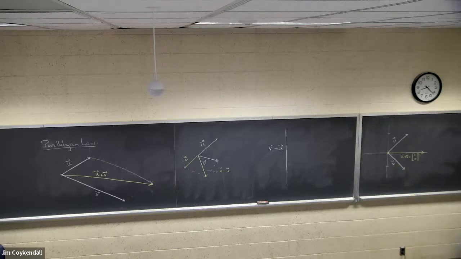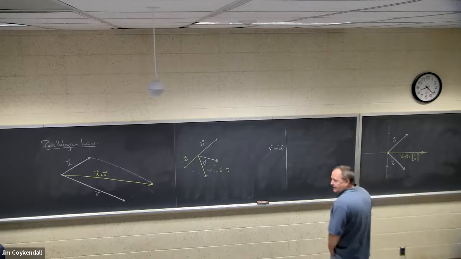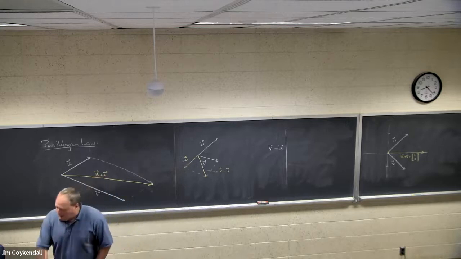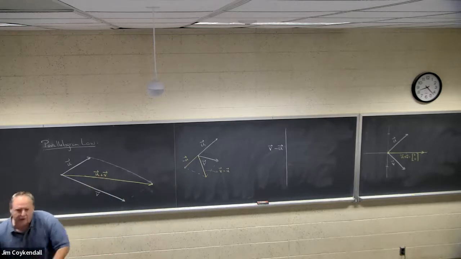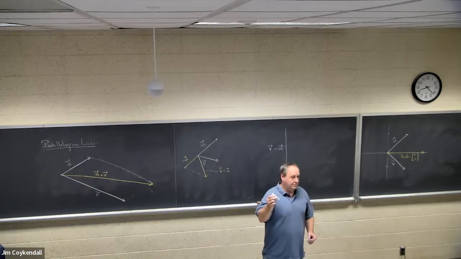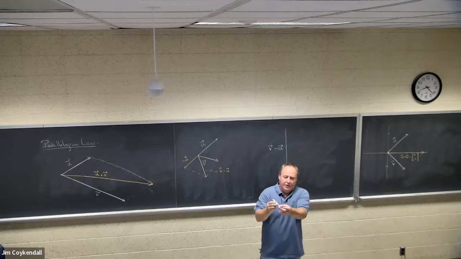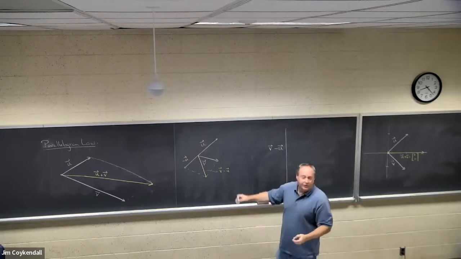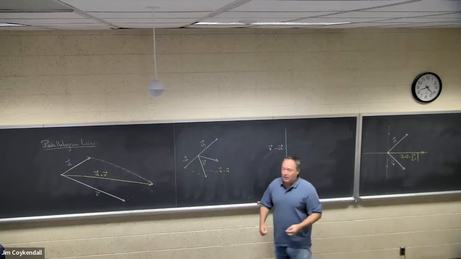Actually, the parallelogram law will apply to any 2 vectors, no matter how big the space is, no matter how many dimensions. Do I know why? That's essentially it, right? Because no matter how many dimensions, so here's a vector in 3 space, right? Because we're all in 3 space. And here's another vector right here, right? These 2 vectors sit in 3 space, but if I only look at those 2 vectors themselves, they sit in a plane, right? So this is as general as you want it to be, right?